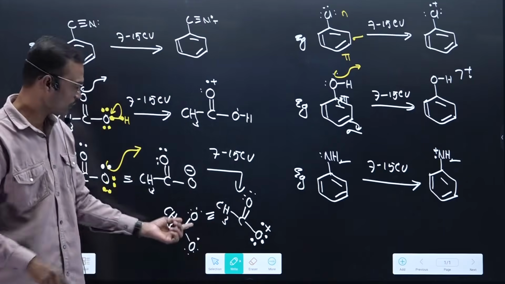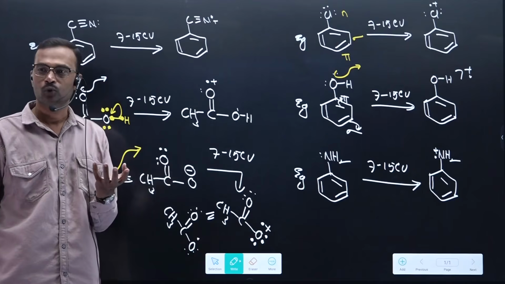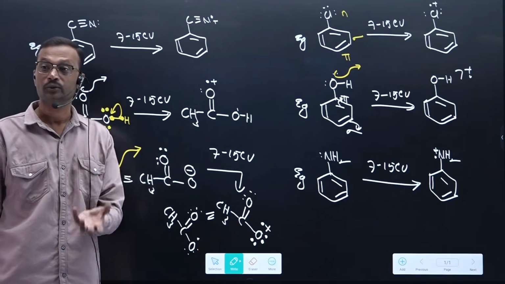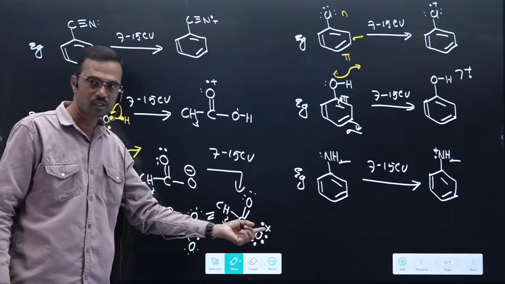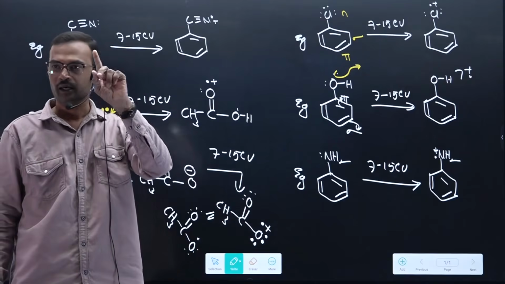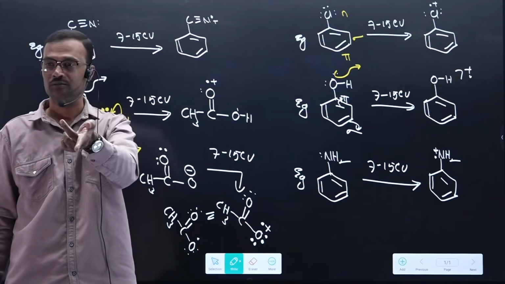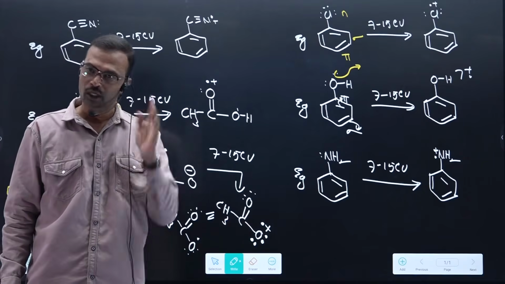Same way, this one is the same. That's why don't write positive. What is the meaning of positive? Loser. What is the meaning of negative? Gainer. Gaining means negative, loser means positive. But see, actually you lost an electron, but finally you lost not your own electron. Whatever you gained, that you lost. You got one extra rupee, that you lost.